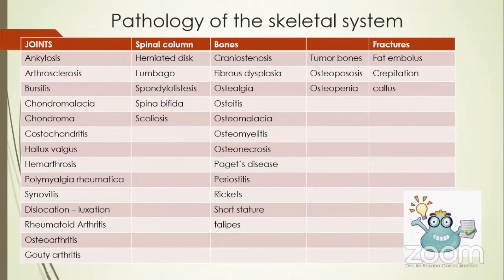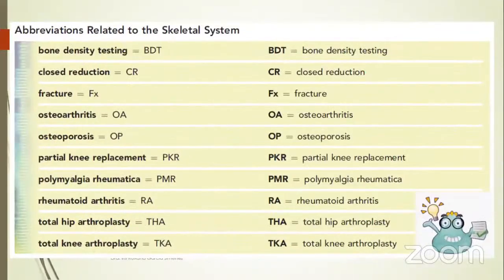It's for you, okay? And now I have this chart, one of the most important in my opinion. As I was telling you at the beginning when we were talking about symptoms and signs, in all the classes we are going to consider some abbreviations, the most common ones, according to each system.